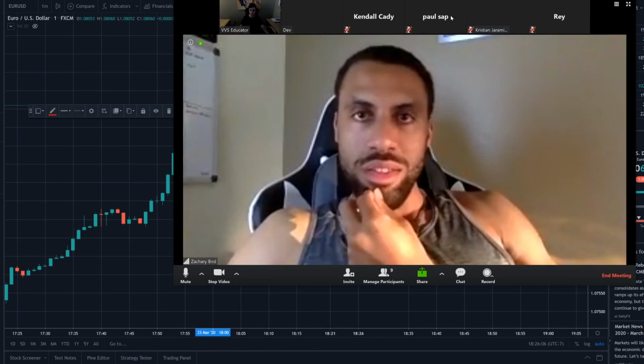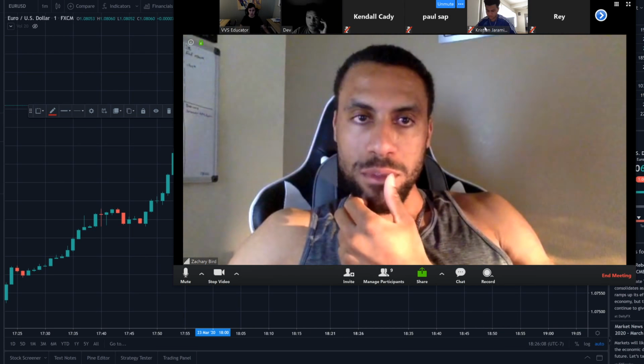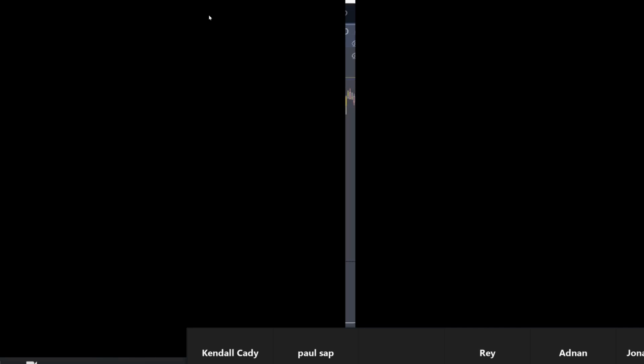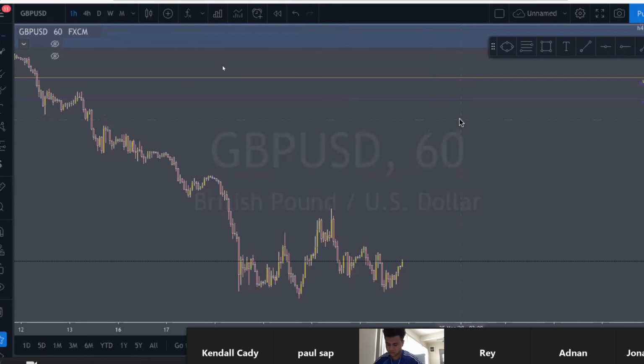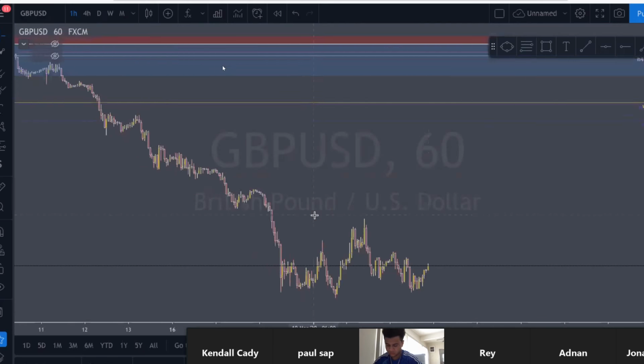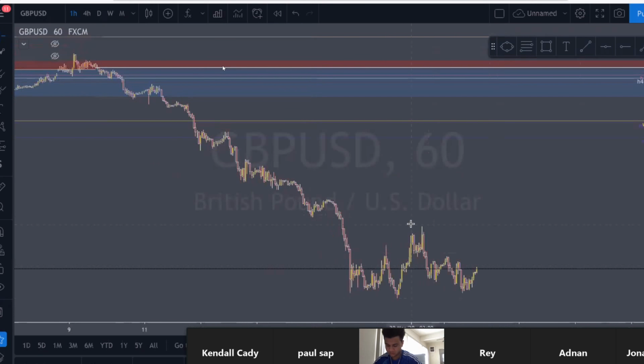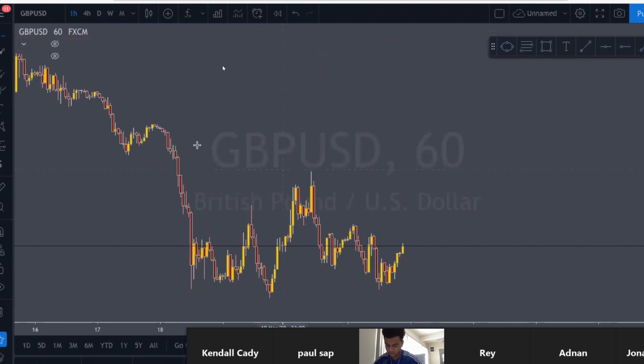Of course. So just to go over support and resistance, the reason I think we should start with it is because it's the simplest way to trade. It's an effective way to trade, and it's what most people are taught. And we have a perfect example on this pair I had here.